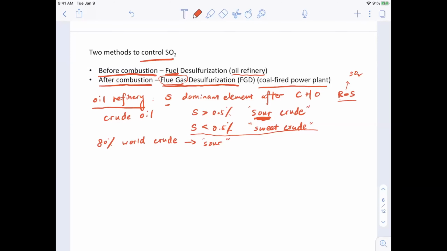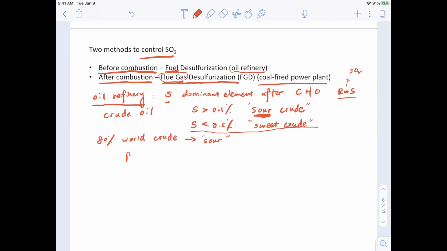Okay, so the method they use is actually by introducing hydrogen to the sulfur-containing crude oil. So what happens is under certain high temperature and pressure, we can introduce hydrogen. Hydrogen is going to react with the sulfur-containing crude oil to form R and hydrogen sulfide.